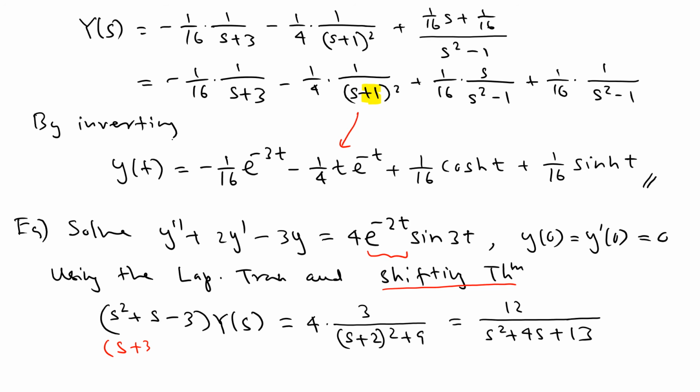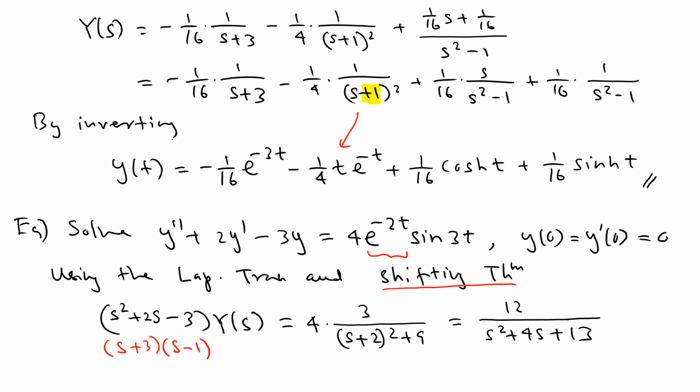Oh, actually, there's a typo there. This has to be 2s. So that means the factors are s plus 3 and s minus 1. So that means we can divide by that.